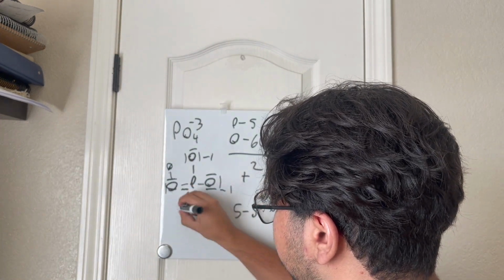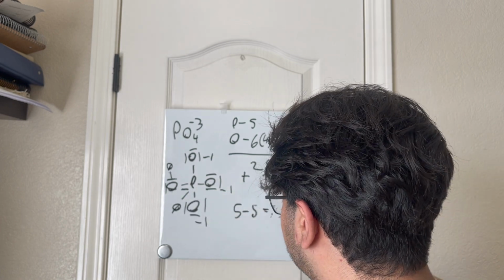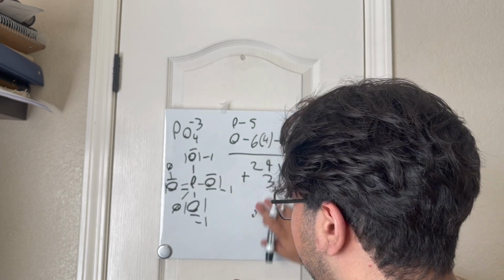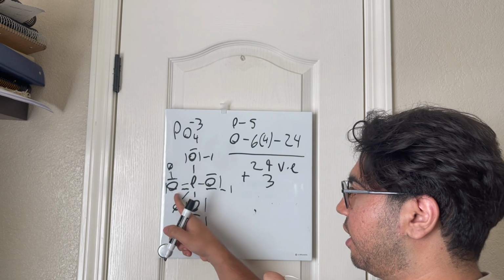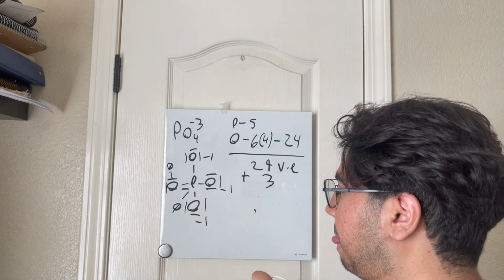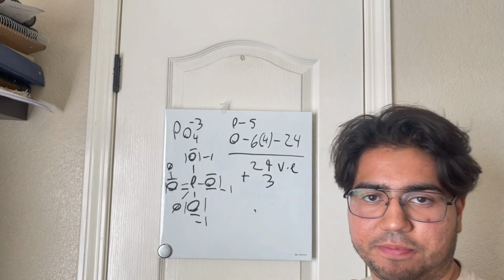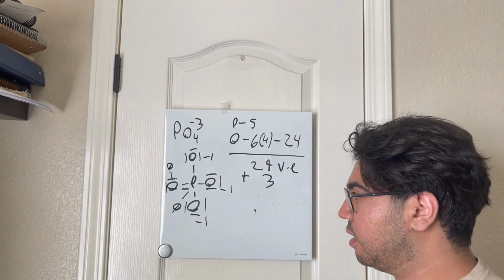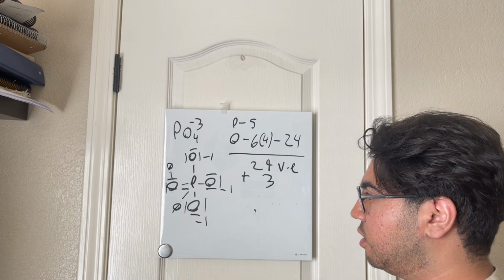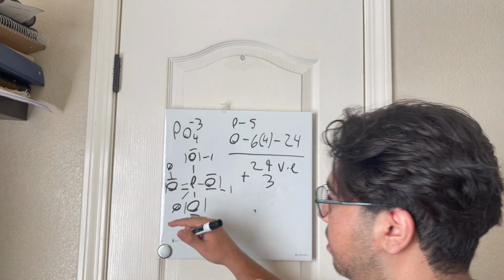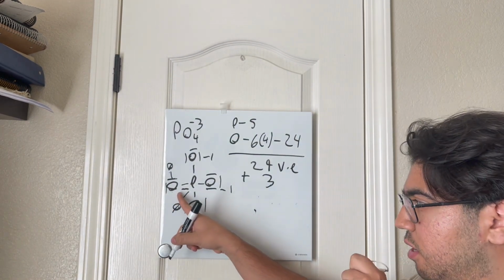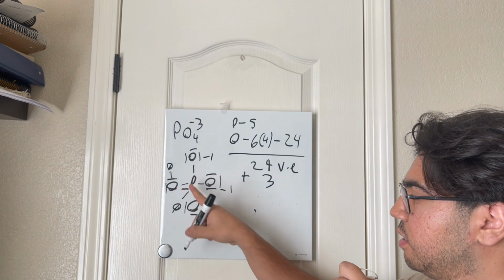Now all of these charges have to add up to -3, and they do. We have 0 here, 0 here, and then -1, -1, -1, 3 times -1 is -3. Okay, cool. So this is our best possible structure: a double bond, 3 single bonds, and a phosphorus in the middle.